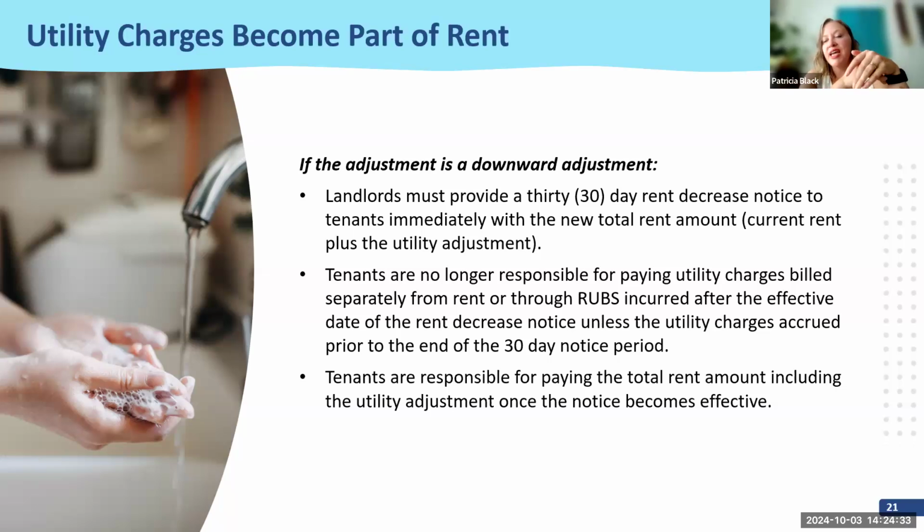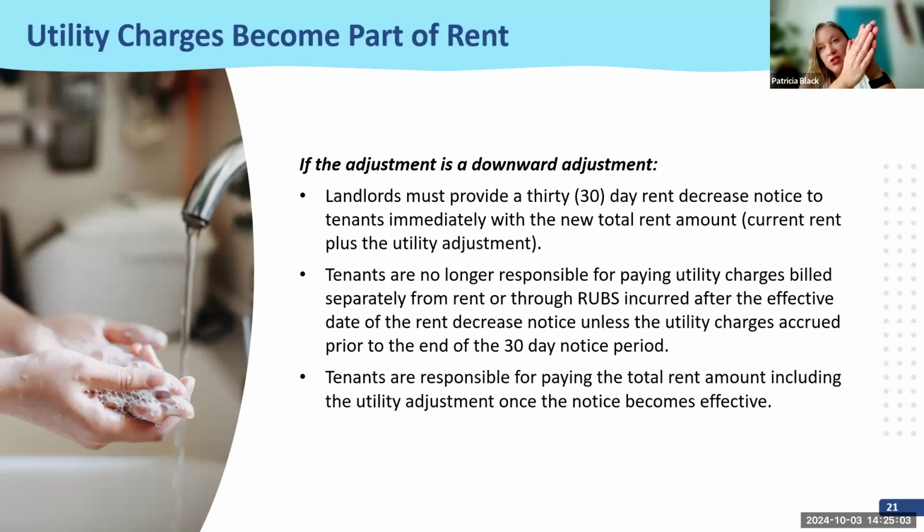So what this is saying is that when the tenant receives those, let's say you go to give the downward adjustment notice in May, there's a 30-day period there where it's still being charged through RUBS. The downward adjustment goes into effect in June. If the tenant receives a bill for April and May in June or July, they are still responsible for paying that RUBS bill.